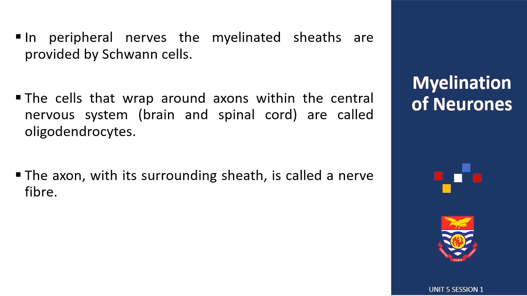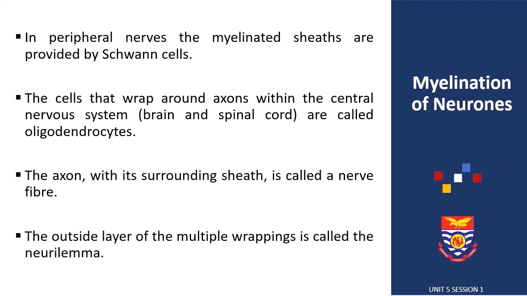We should note that the term fiber is used differently in the nervous and the muscle tissue. Also, the outer layer of the multiple wrappings is referred to as the neurolemma, and it is found only around fibers in the peripheral nervous system.